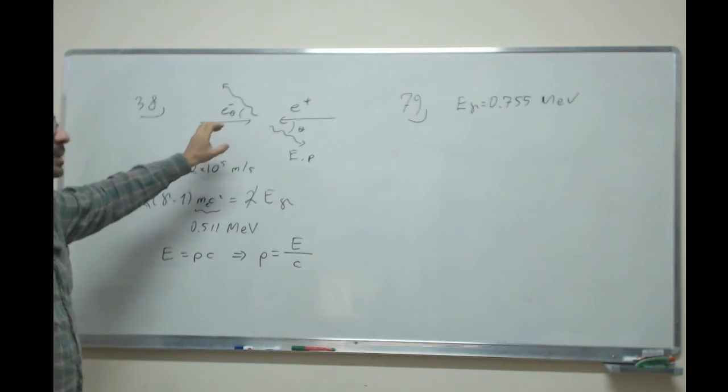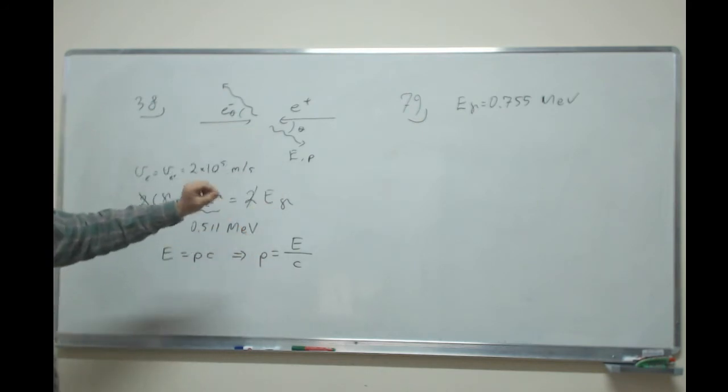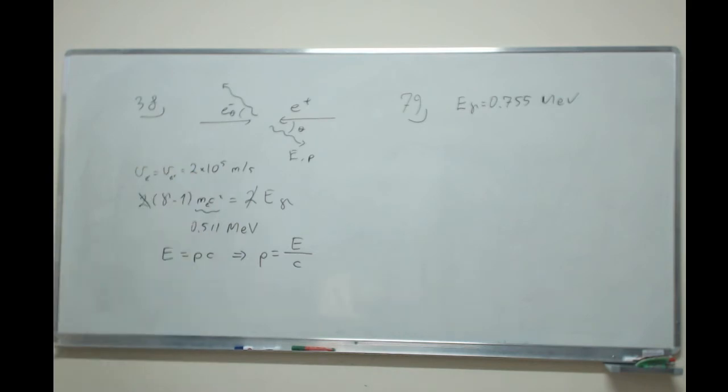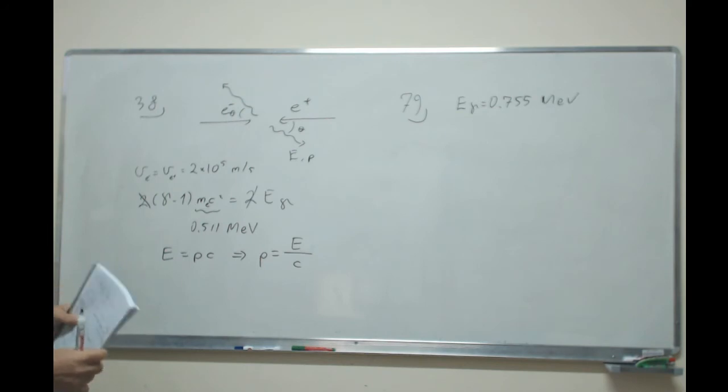If they were just sitting at rest and they just collided and annihilated each other, the photons produced would have 0.511 MeV, but because they are actually moving with some velocity, the photons are going to have some additional energy. So the difference between 0.511 MeV and 0.755 MeV is actually the kinetic energy of the electron and the positron.